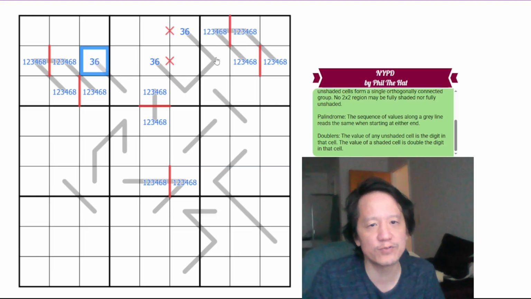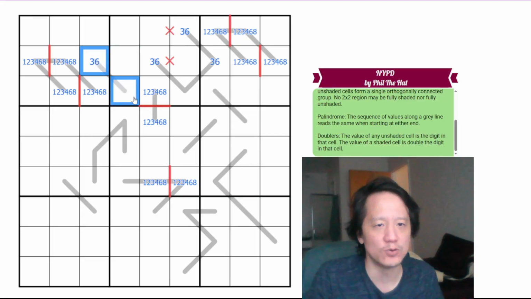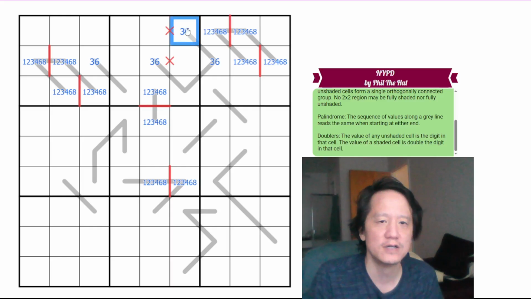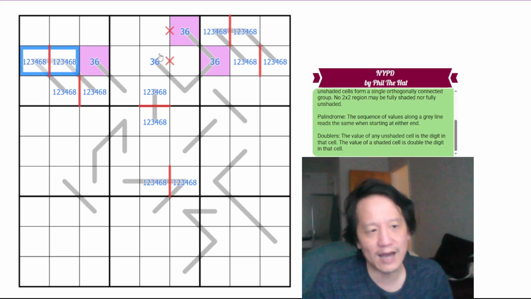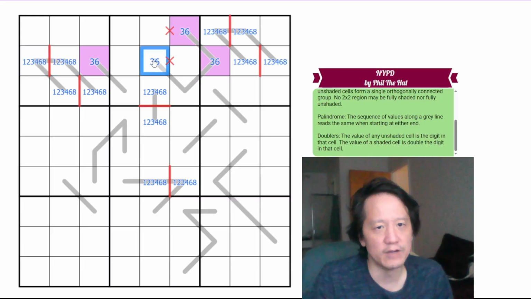So if we try to have 3 or 6 here, again, which even if it's not doubled, if it's just a normal 3 or 6, well, it can't be because we know this digit. So whatever this cell is, essentially, if we try to make it here, obviously it can't, or here, if we try to make it either of these two, it has to be double of the other one, or halved of the other one, and either way, this 3 or 6 would essentially be duplicated in row 2, no matter what.